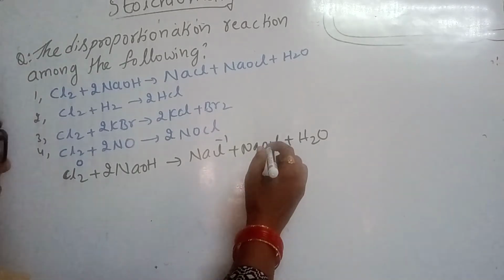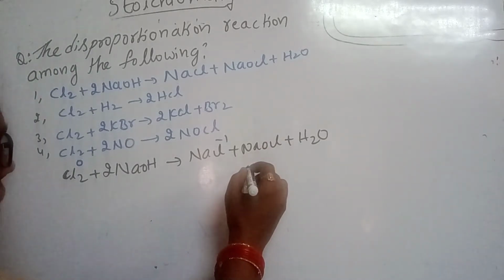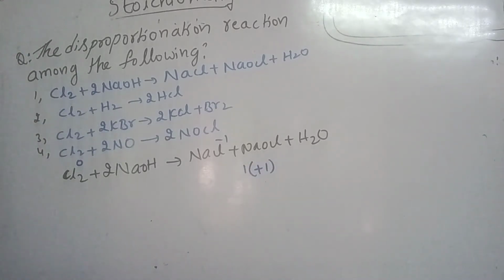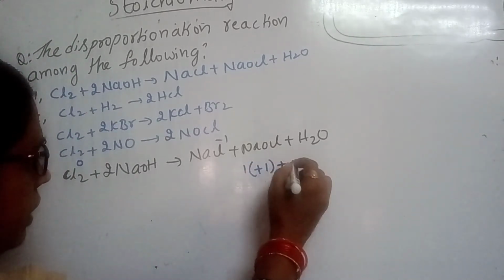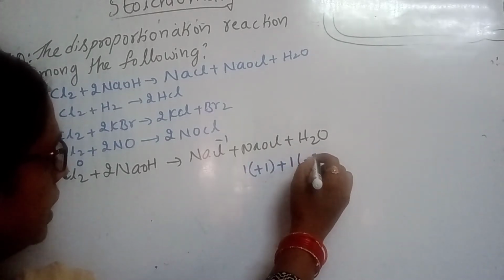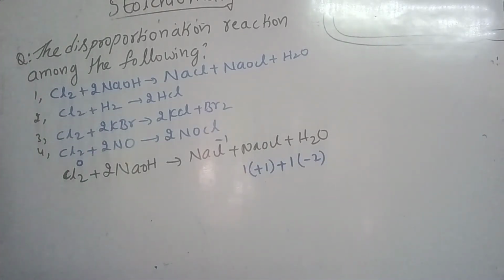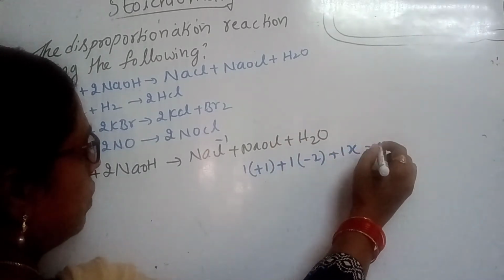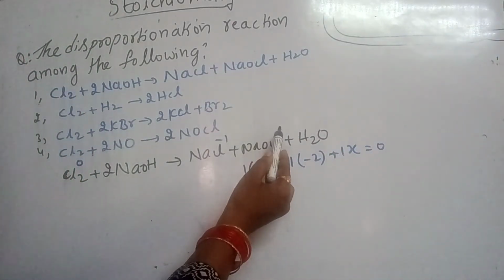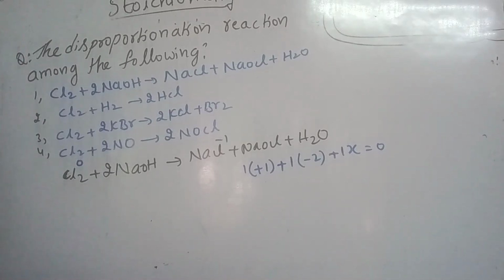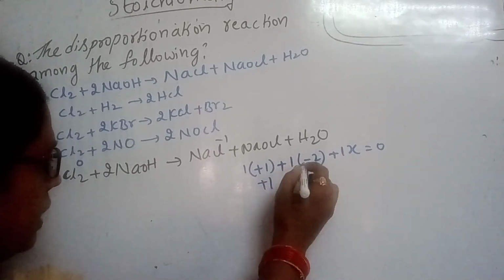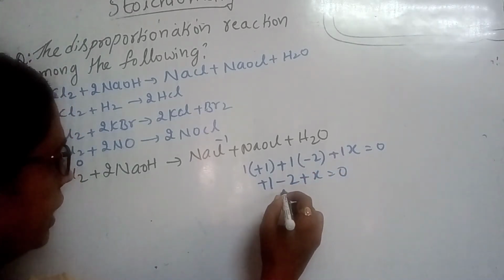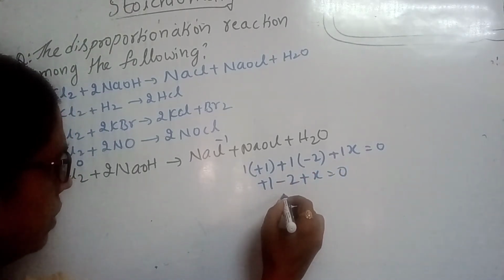In NaOCl, to calculate: sodium is +1, there is one oxygen with oxidation state -2, and we have to calculate chlorine x. The total is 0 because there is no charge, so +1 - 2 + x = 0. What do we get here? +1 minus 2, how much?